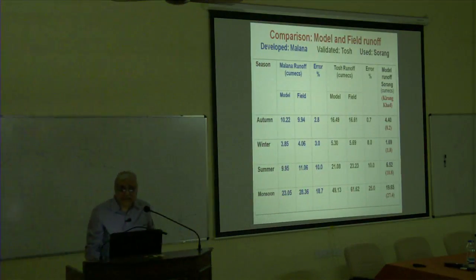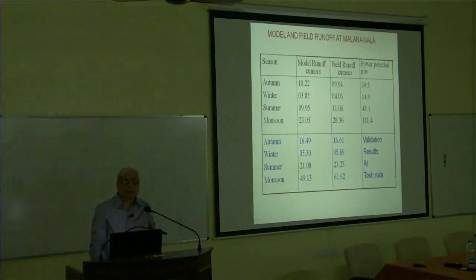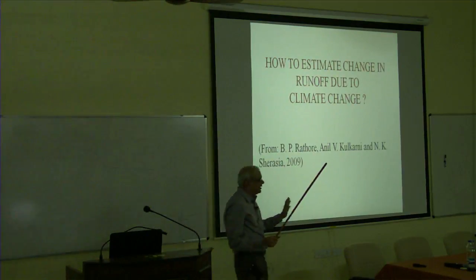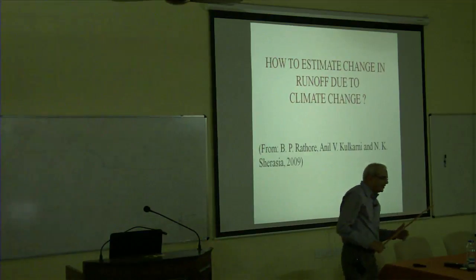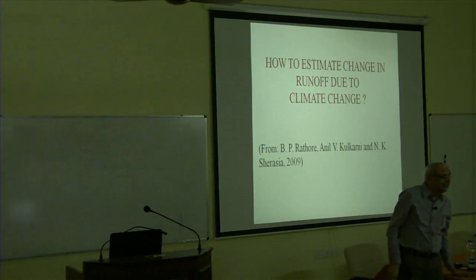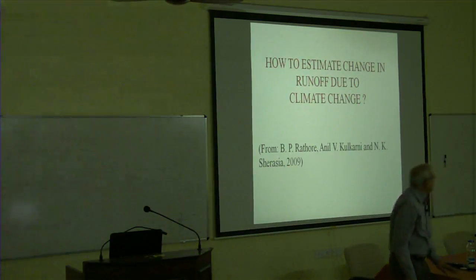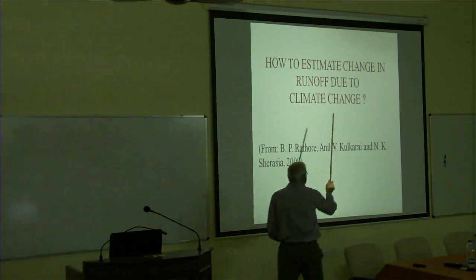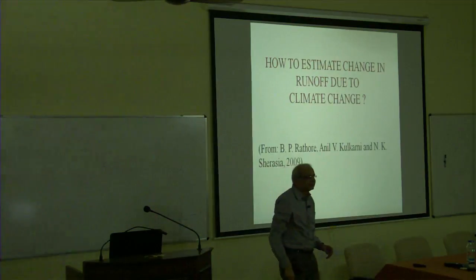Now the key question is that, okay, all right, this is done. Now the next question is, suppose this model is ideal and fine and we did it. How are we going to estimate the change in runoff due to climate change?